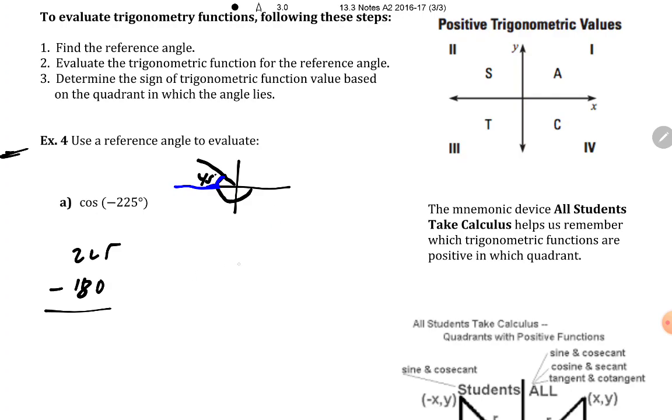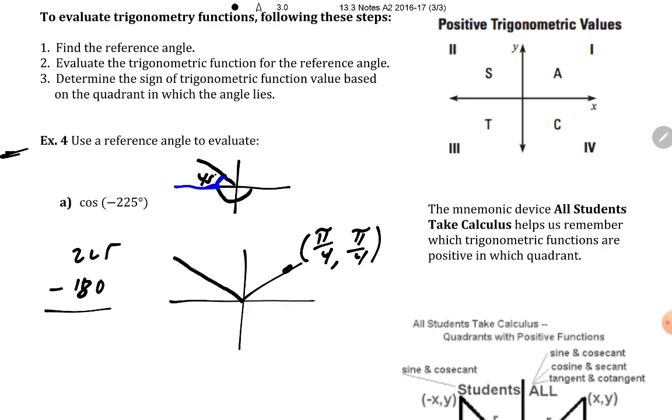If you remember from our unit circle, let's see if I can draw that. At this spot on the unit circle, this is pi over 4. Over here, this would be negative pi over 4.